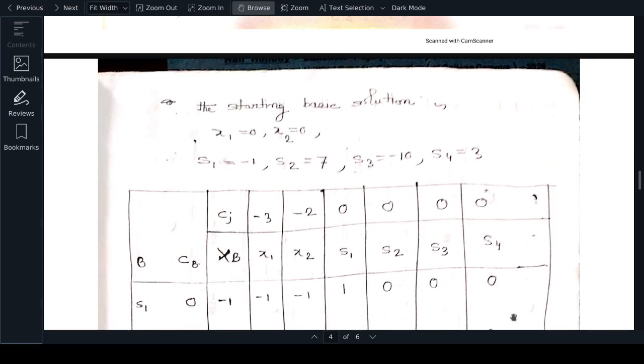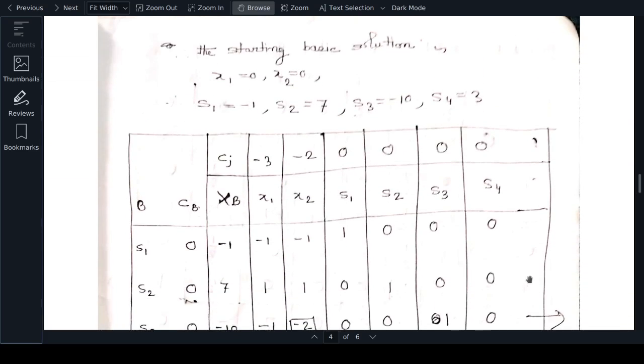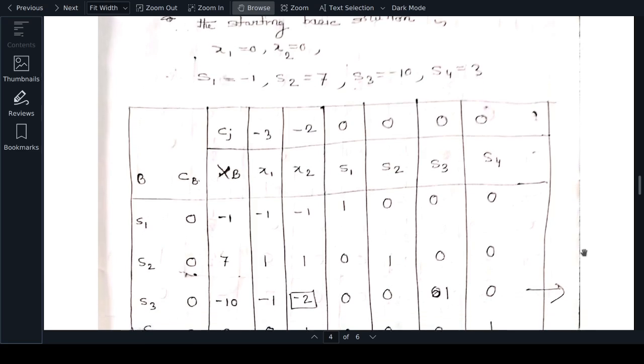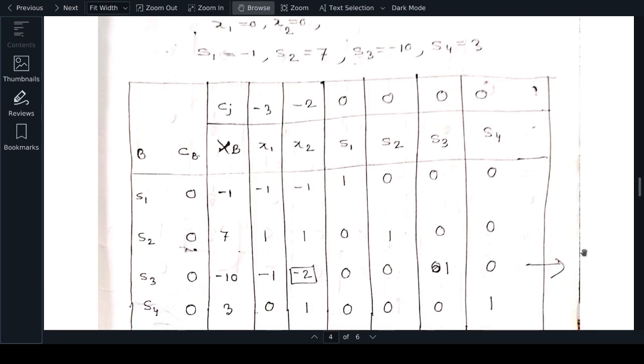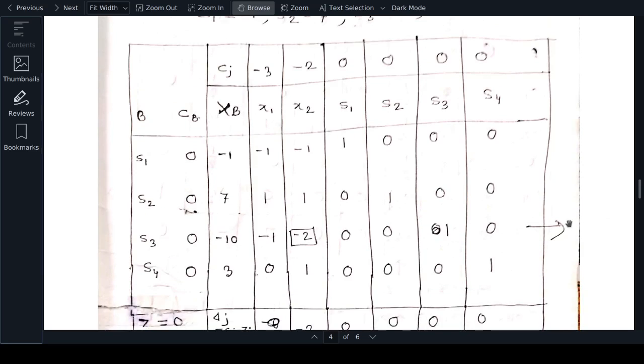If two variables are equal to 0, the next question is the same as earlier: which two variables are equal to 0? This depends on which variables give us the identity matrix. S1, S2, S3, S4 give us the identity matrix of order 4.